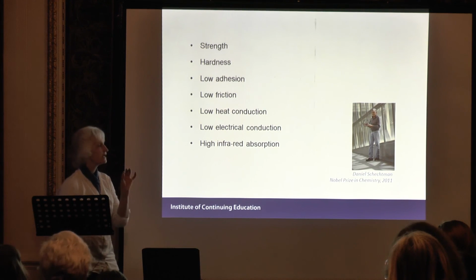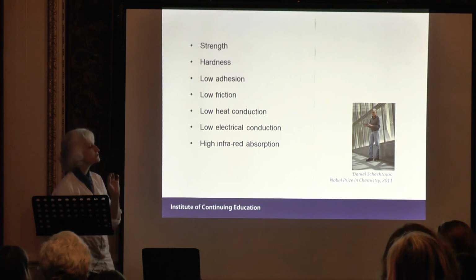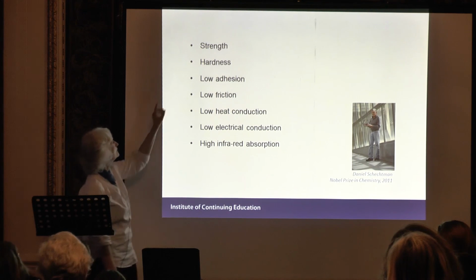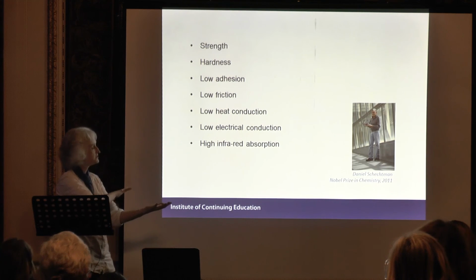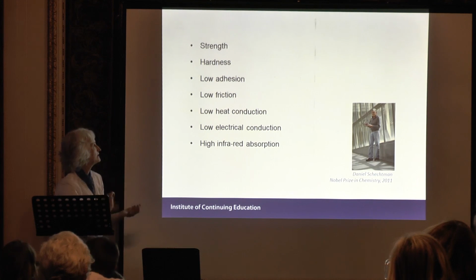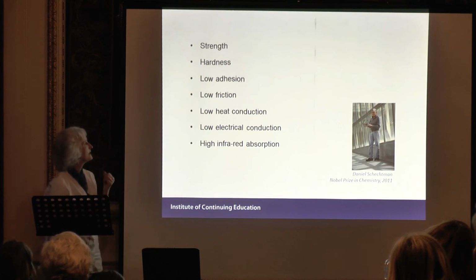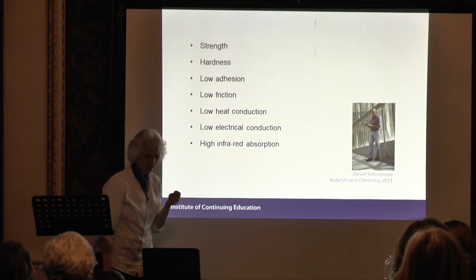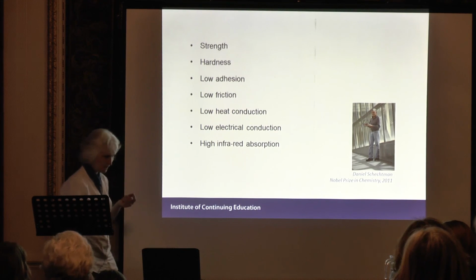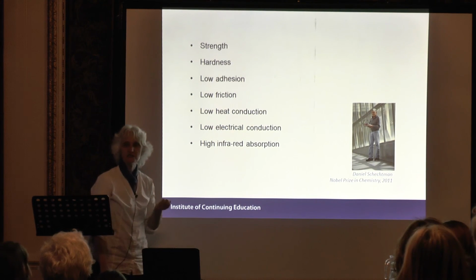So, rather like the turbine blades, we have a metal here which is very strong and very hard, because it's very hard to make these patterns of deformation move through the metal. As it turns out, they have some other properties too, which are quite interesting. They have very low adhesion.